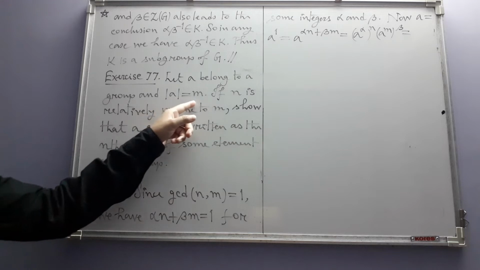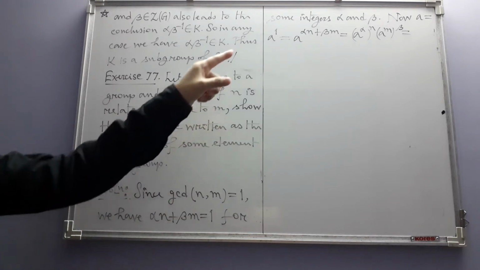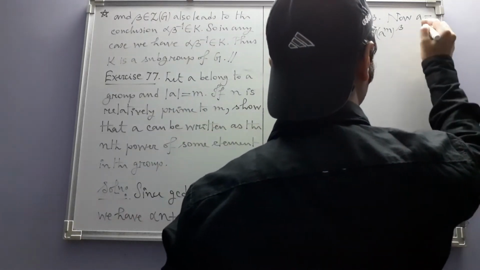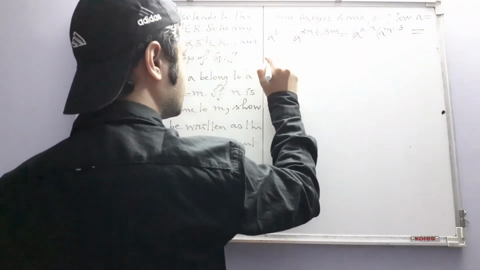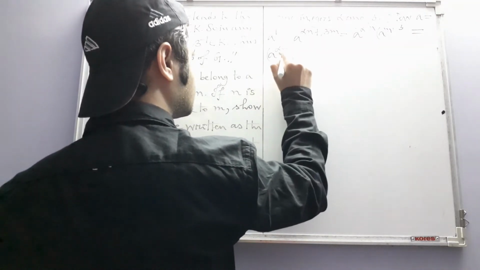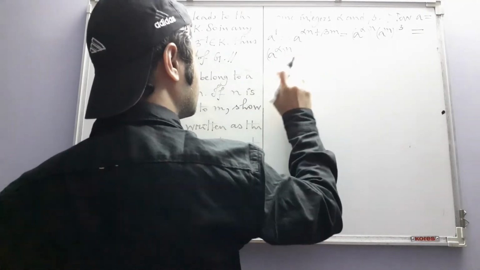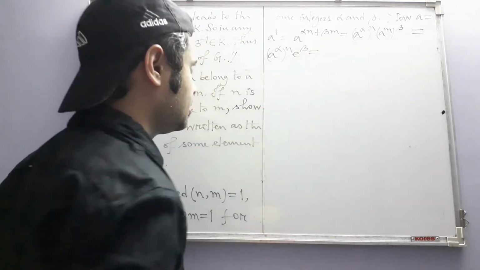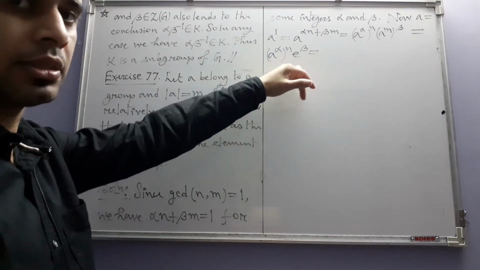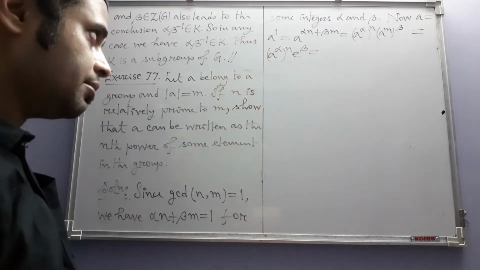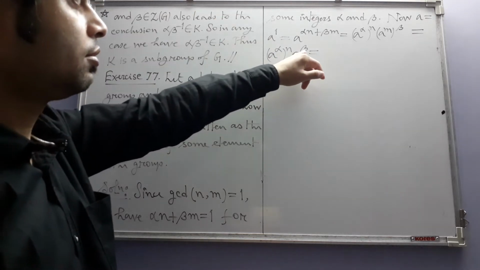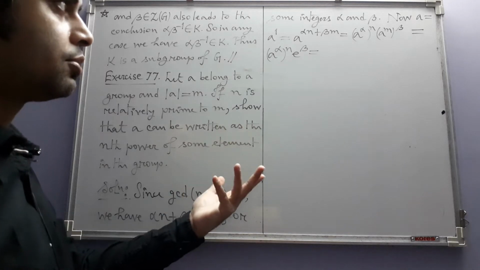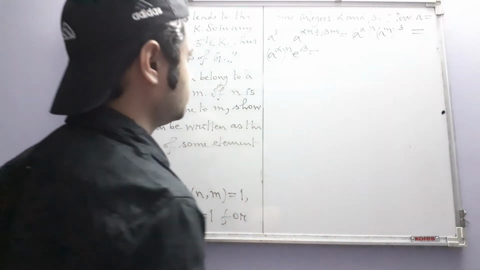Now we use the hypothesis that the order of a is m, so a to the power m will be identity, so this will be equal to a to the power alpha whole to the power n times identity to the power beta. Any integral power of the identity element is the identity element. This can be proved easily by first of all induction on the exponent when the exponent is non-negative, and then using that we can prove the case when the exponent is negative.